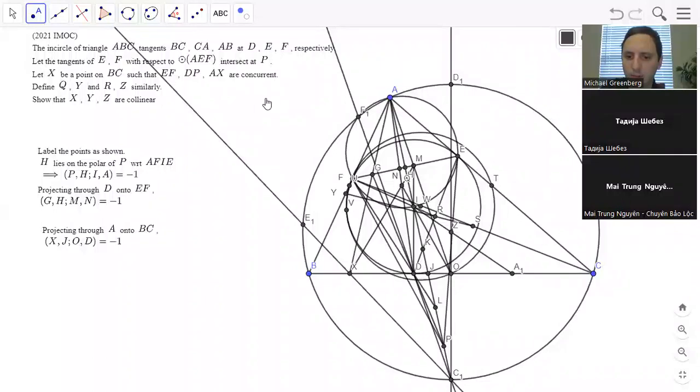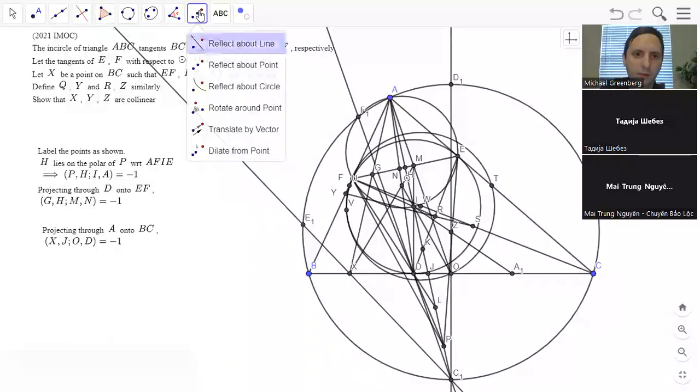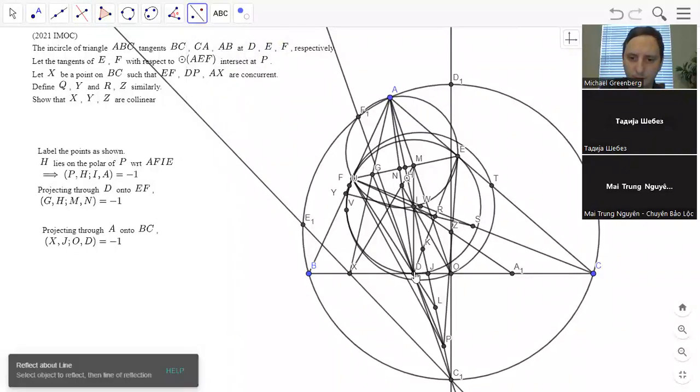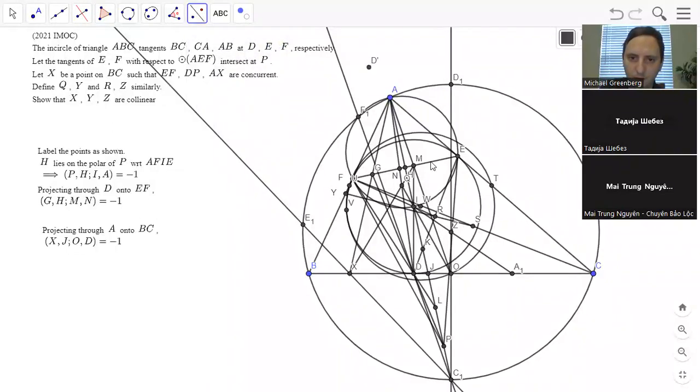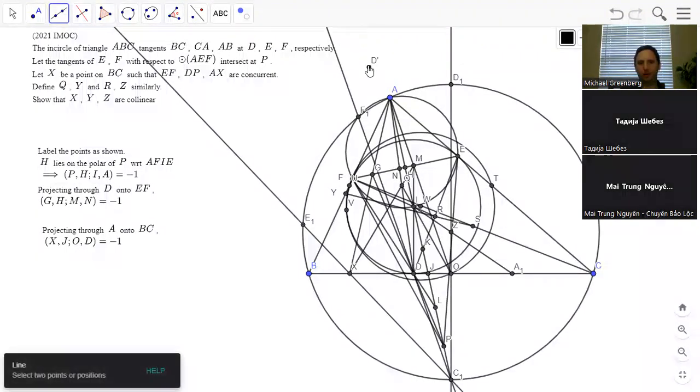Take D prime, the reflection of D over EF. Then AD prime passes through A1.